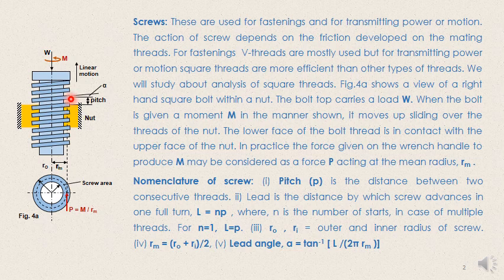Normally we will say it moves equal to the pitch length only. No, it is not always. L is actually defined as N multiplied by P, where N is the number of starts in case of multiple threads.